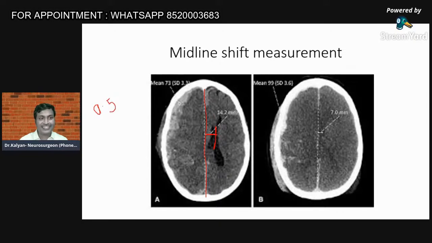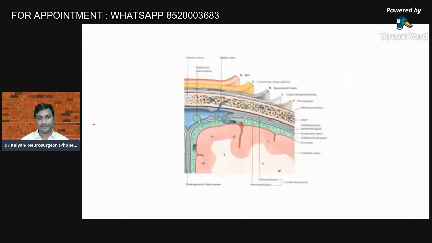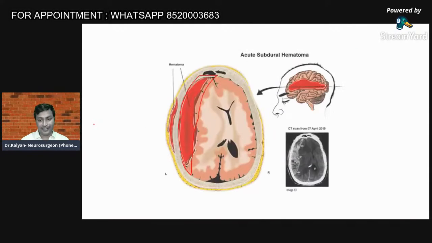Dr. Fatima is right, that's a subdural hematoma. But before that, any midline shift of 0.5 cm and more is significant. So identify the midline structures and see whether the midline structure is present in the midline or not. If it's more than 5 mm, that is half centimeter, it's serious. So let's see in this picture, is there midline shift or not?